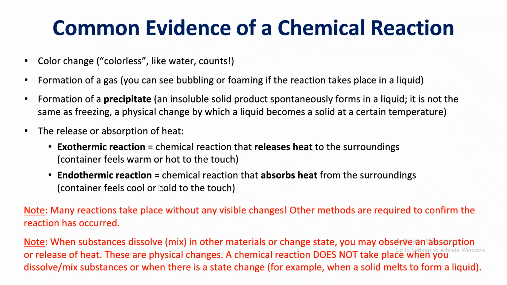If the temperature is increasing or if it's very hot to the touch, it's an exothermic reaction. What about an endothermic reaction? These reactions absorb heat from the surrounding, so they're going to make the surrounding a lot cooler. So what we care about for exothermic and endothermic reactions is the surrounding. This is like the cold pack, it gets colder and colder.